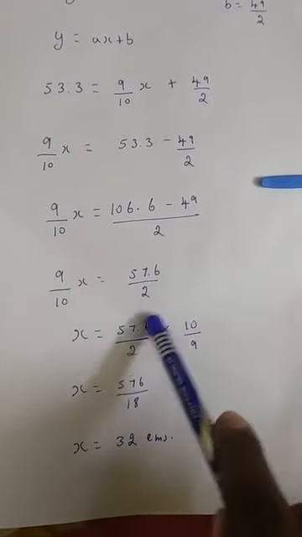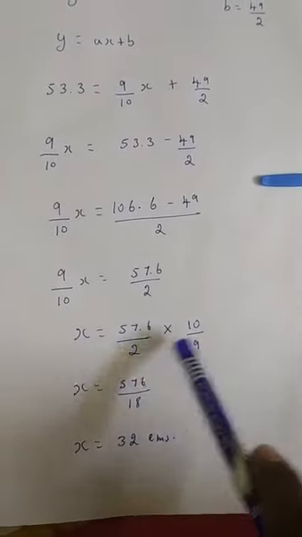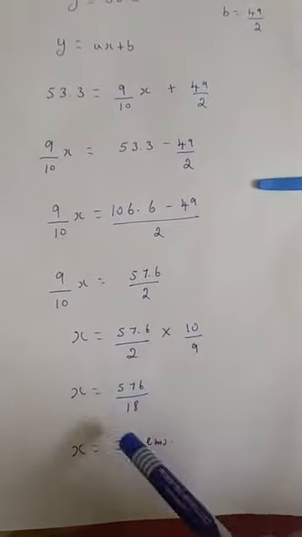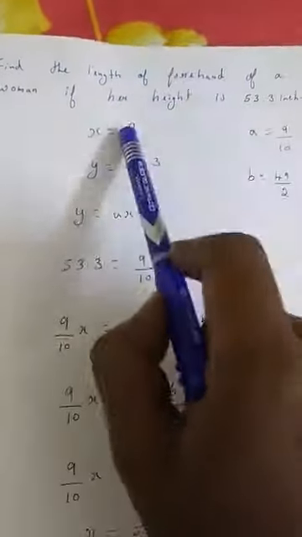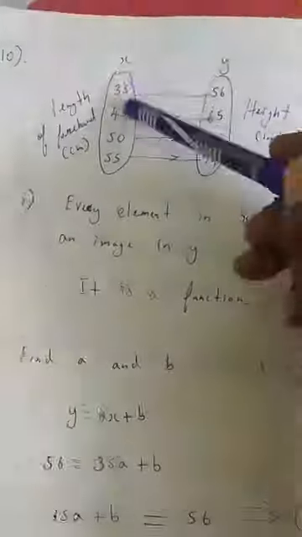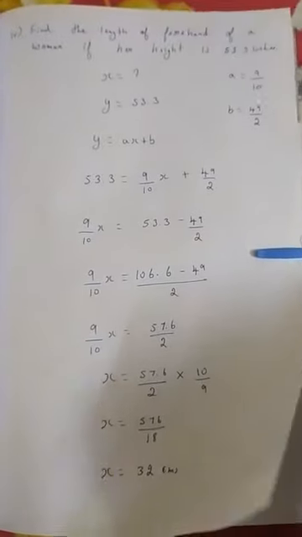So 10, so the decimal will move one place to the right. So 576 divided by 2 9s are 18. So if we cancel this, we get 32. x is equal to 32 centimeters, because x is what? x is forehand length. It is in centimeters. Therefore it is 32 centimeters. So that's all about this problem. Thank you.